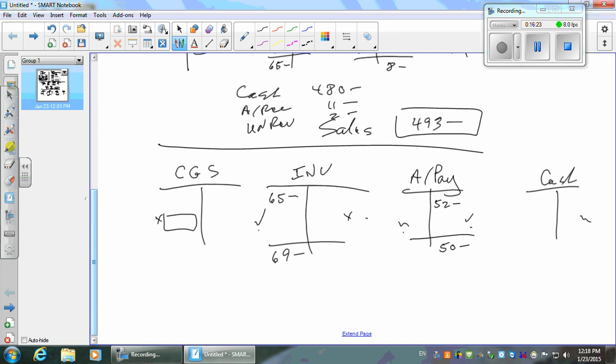Everybody good? Okay, so now if accounts payable goes down by 2, what does that mean? I paid out 2 more cash than I borrowed, right? I think that's true, which is I purchased what I borrowed, right? Okay, so it's going to all collapse together. How much cash went out total, though? We know that.